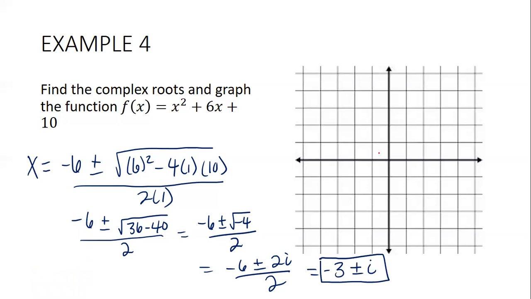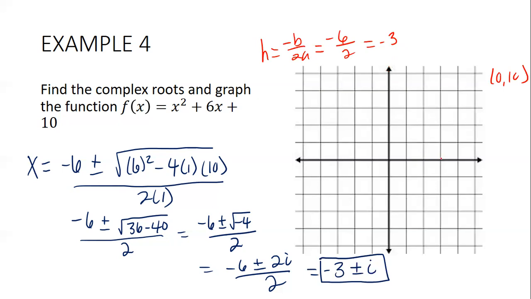From here, I know my y-intercept is at 10, so we're going to be at 0, 10 at some point. But I need to find my vertex. To find my vertex, h equals what again? Negative b over 2a. So that gives us negative 6 over 2, which is negative 3.